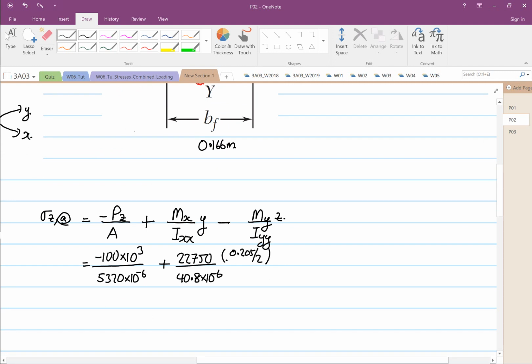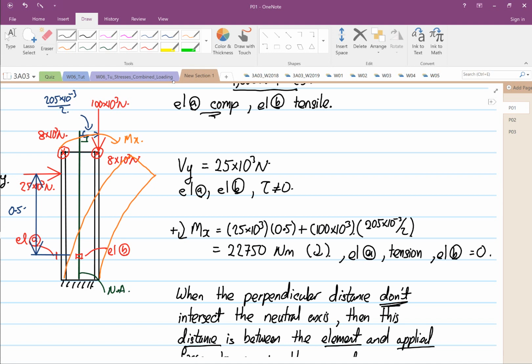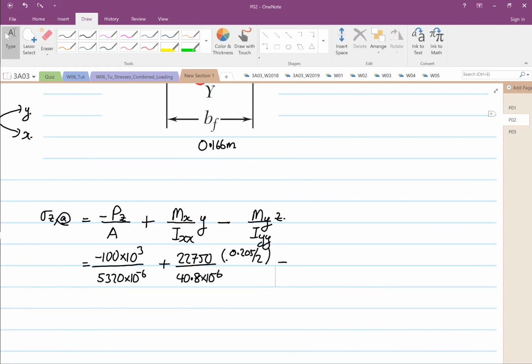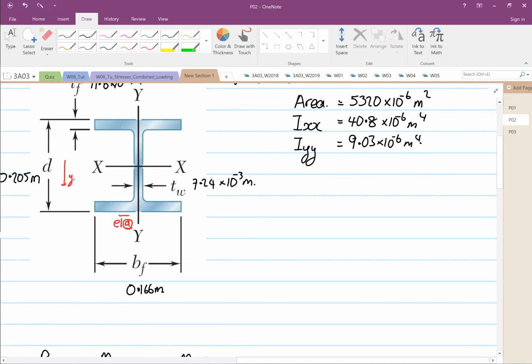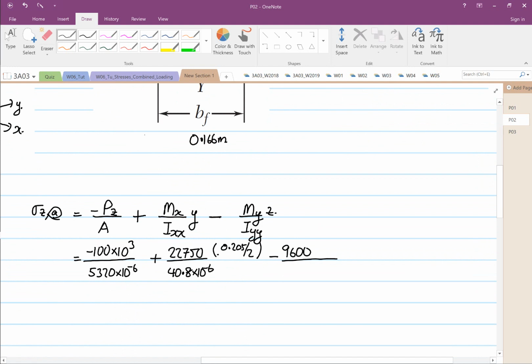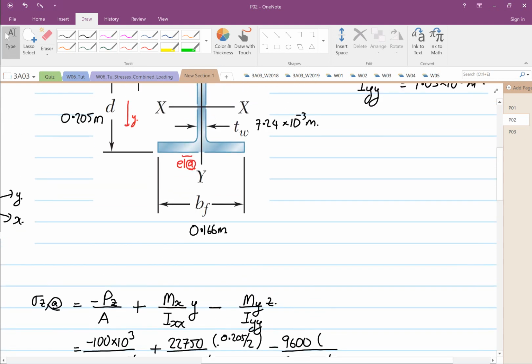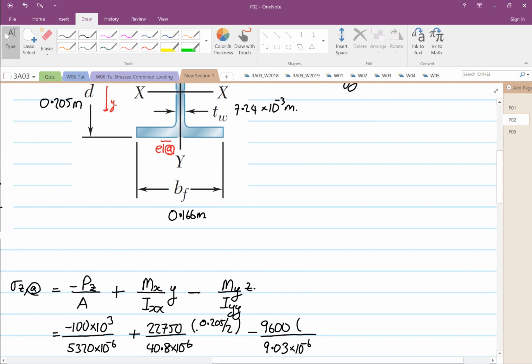The next term is minus the moment about Y, 9600, divided by IYY, which is 9.03 times 10 to the power minus 6, then multiplied by the x distance.